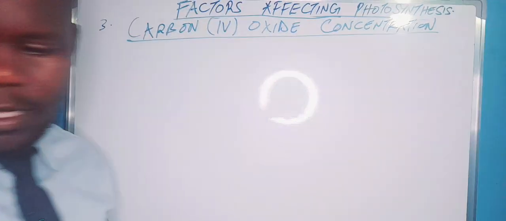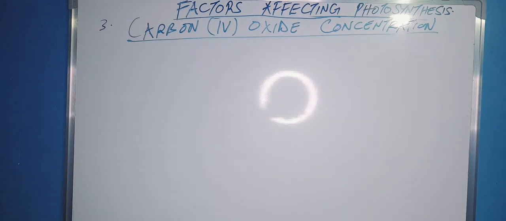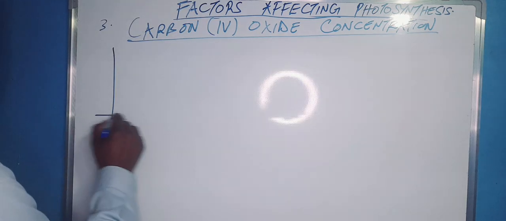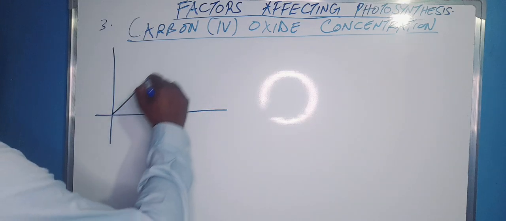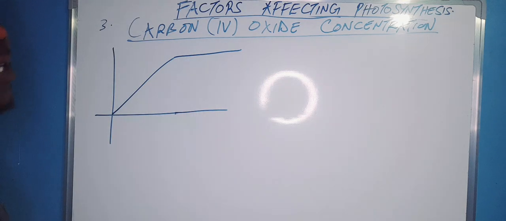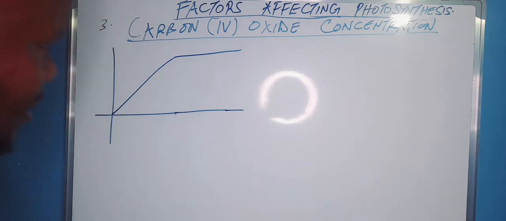So learners, yesterday we discussed temperature and light intensity. So it's just a continuation and it's almost related to that of the light intensity in terms of the curve movement. We sketched yesterday for the light intensity increasing, then becoming constant. So the carbon dioxide concentration still remains the same.